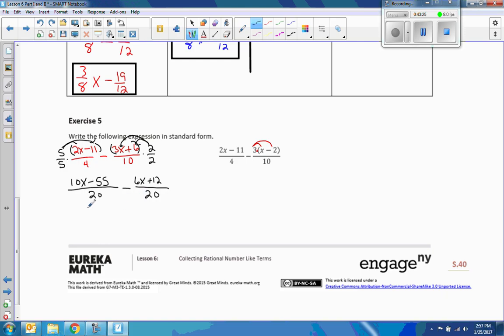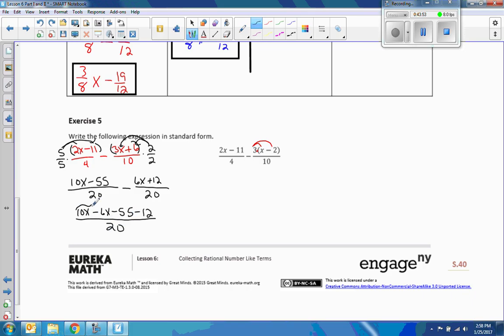Now that I have the same denominator, I can just rewrite this whole thing as one fraction. I'm going to put my x's first. So I'm going to say 10x minus 6x minus 55 plus or minus a positive 12, which is minus 12, all over 20. Be careful with your signs.